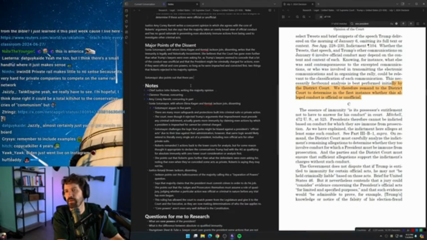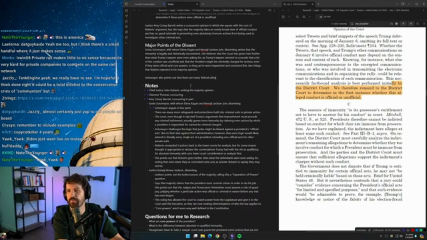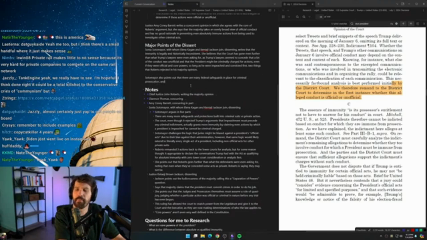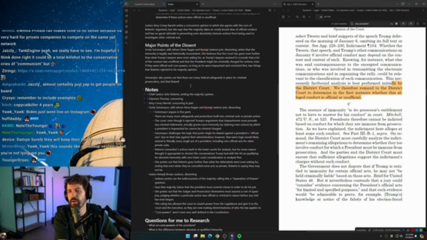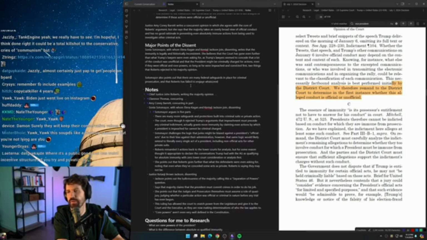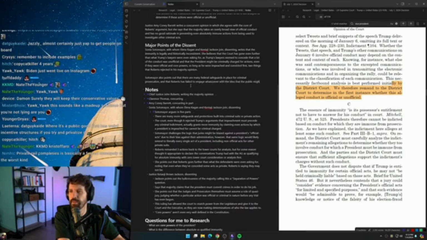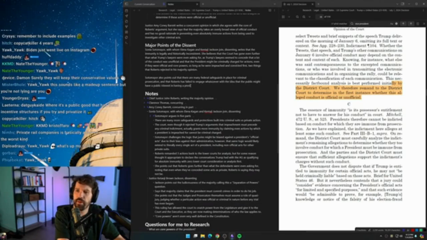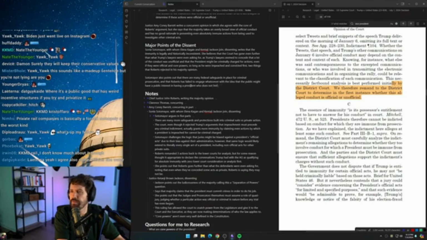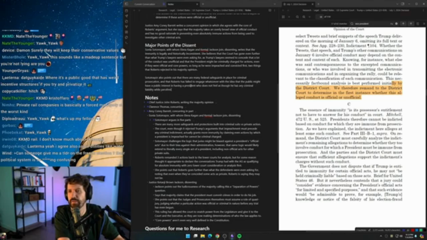Also points out that there are many federal safeguards in place for criminal prosecution. Remarks that Roberts has failed to engage whatsoever with the idea that the public might have an interest in having a president who does not feel as though he has any criminal liability while performing his duties.